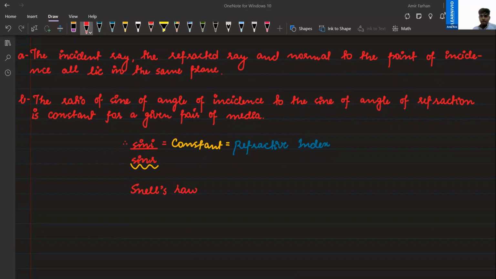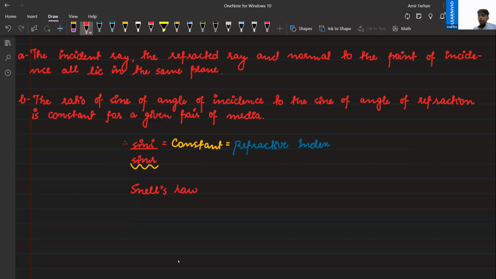So sin i over sin r is always going to be the same number. If you take any two specific mediums, like air and water, even if you change the angle of incidence, obviously the refraction angle will change.